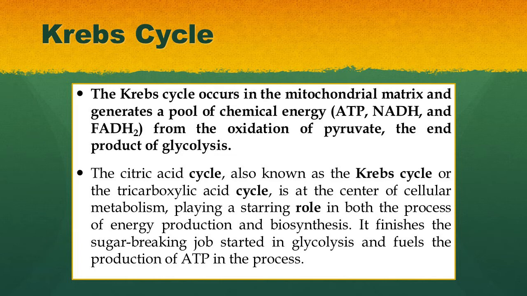The citric acid cycle, also known as the Krebs cycle or the tricarboxylic acid cycle, is at the center of cellular metabolism, playing a starring role in both the process of energy production and biosynthesis. It finishes the sugar-breaking job started in glycolysis and fuels the production of ATP in the process.